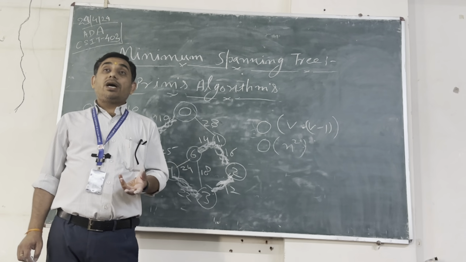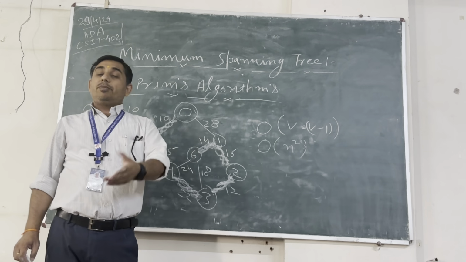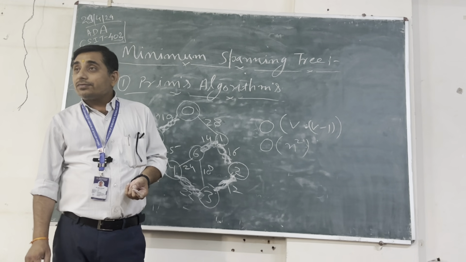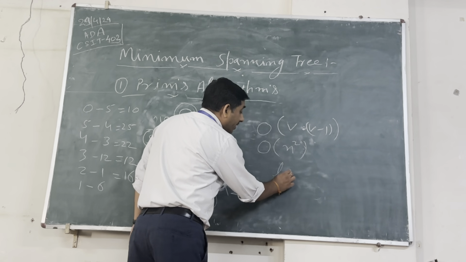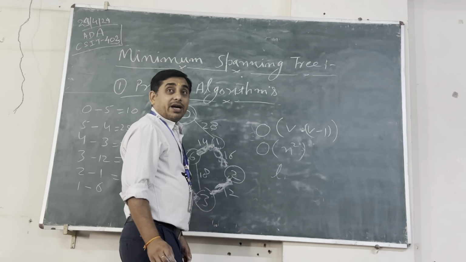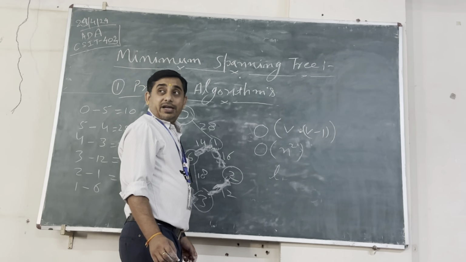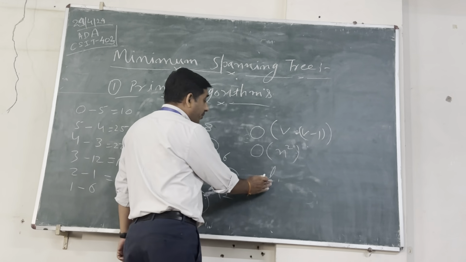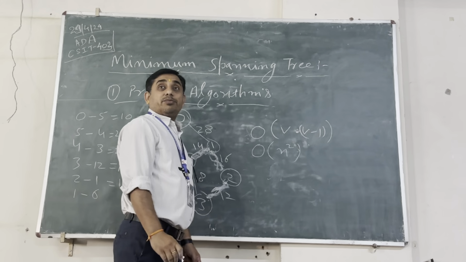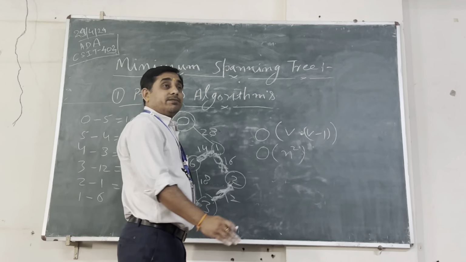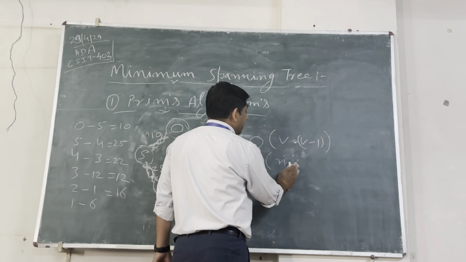And what will be the complexity of heap sort? The complexity of heap sort is n log n. Clear? So in this case, the complexity of this particular Prim's algorithm will be n log n.